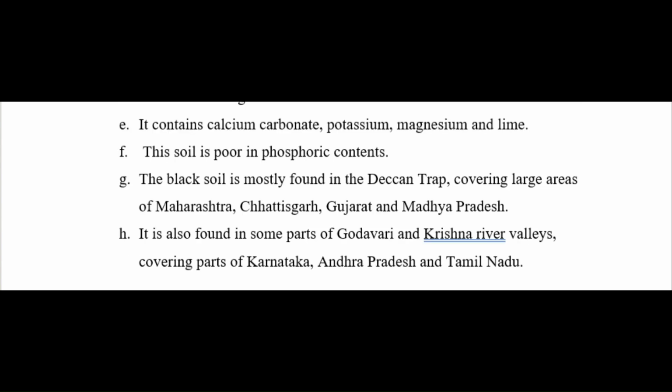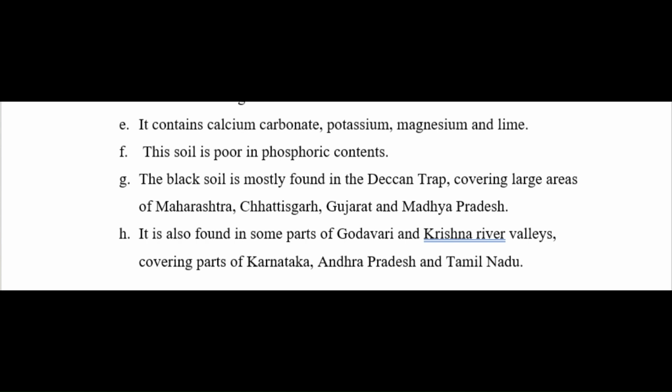E. It contains calcium carbonate, potassium, magnesium, and lime. F. This soil is poor in phosphoric contents. G. The black soil is mostly found in the Deccan Trap, covering large areas of Maharashtra, Chhattisgarh, Gujarat, and Madhya Pradesh. H. It is also found in some parts of Godavari and Krishna River valleys, covering parts of Karnataka, Andhra Pradesh, and Tamil Nadu.